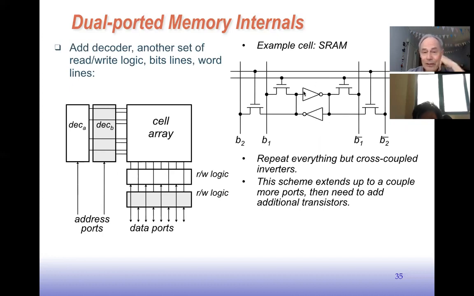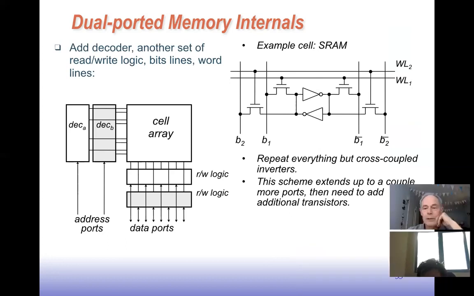We still have a single pair of cross-coupled inverters here to store the bit value, right? But we'd have two pairs of bit lines, bit 1 and bit 1 bar, and bit 2 and bit 2 bar, right? And then two word lines here. One corresponds to the outer pair of bit lines, and the lower one corresponds to the inner pair of bit lines.